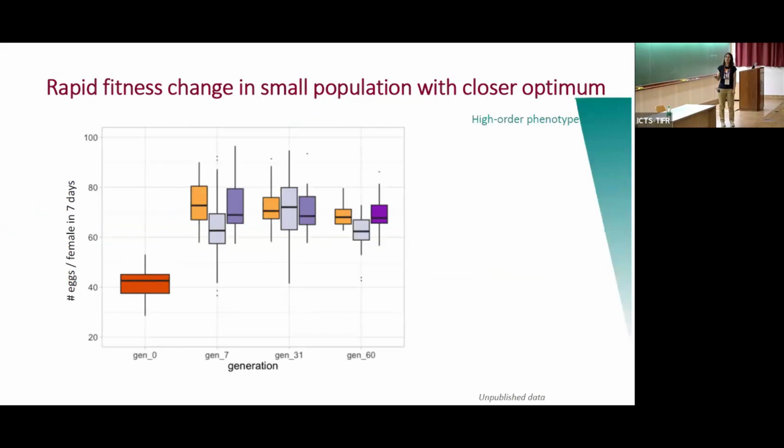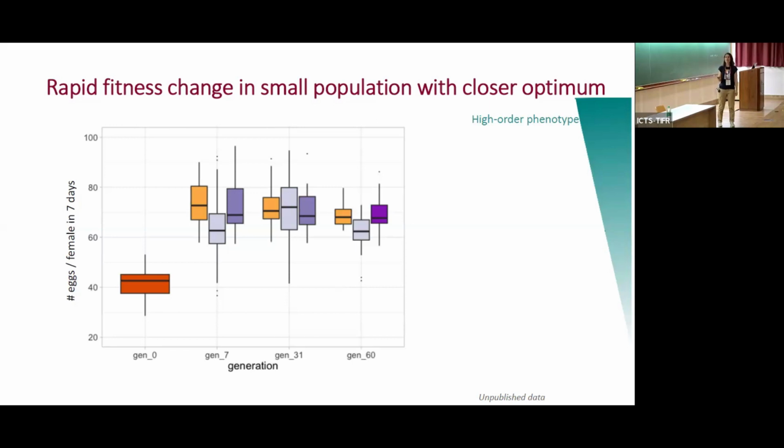And these are the patterns of phenotypic change in these populations. These are the orange ones, and I'm showing them next to the previous treatments that I showed you. Here you see that, again, we have this dramatic increase in fitness or fecundity, but it plateaus pretty nicely, as nicely as our large populations, as early as 7 generations.